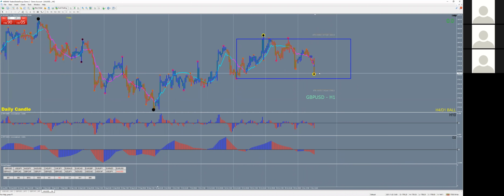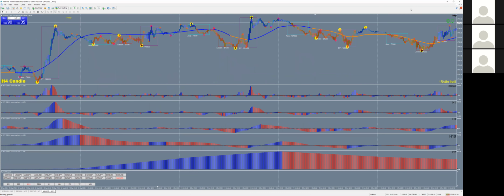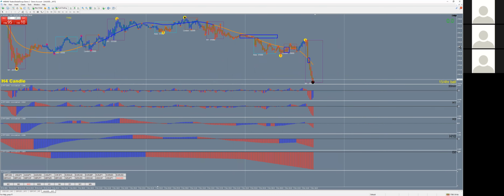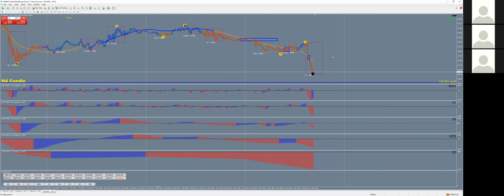273. Look at the 15-minute. Gold was going long before. So we were waiting for a high of the session and high of the day, which happened right there.